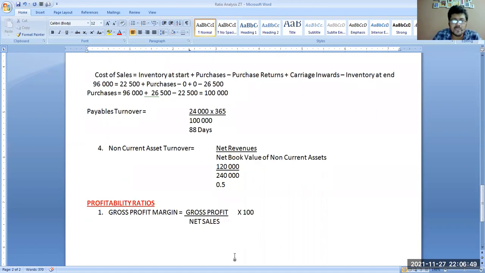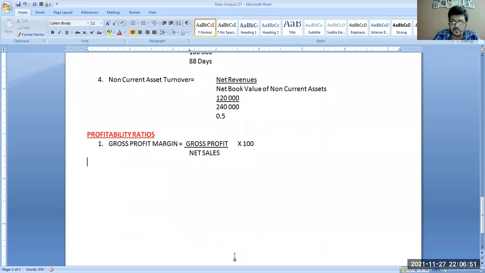One ratio which is very close to this, number 2, is gross profit markup, or we can simply call it markup.